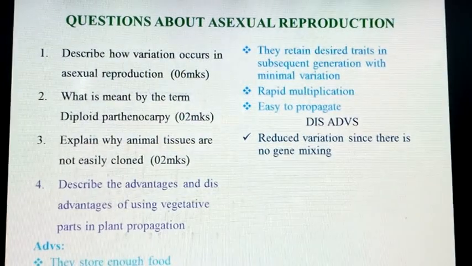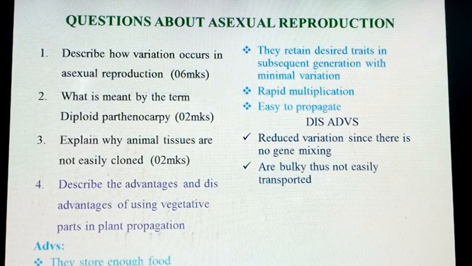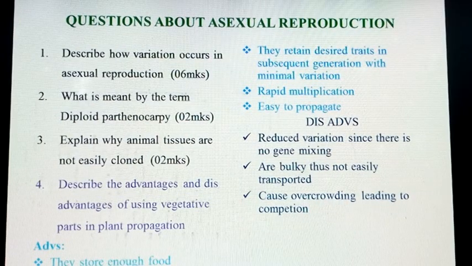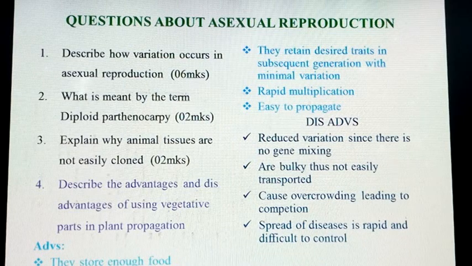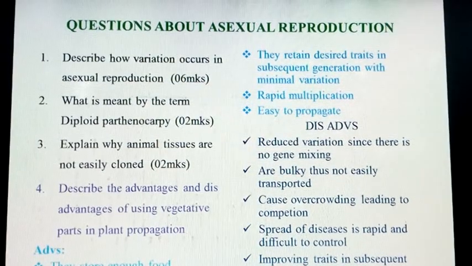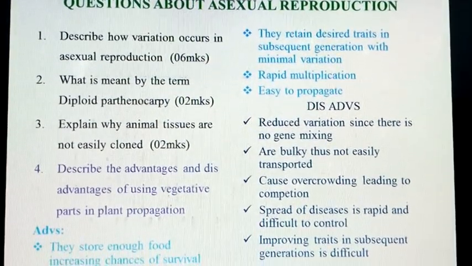Among the disadvantages, we have reduced variation since there is no gene mixing. Because of that, we shall also have a problem of spread of diseases, which is rapid. Improving traits in subsequent generations is going to be very, very difficult because of reduced variation.